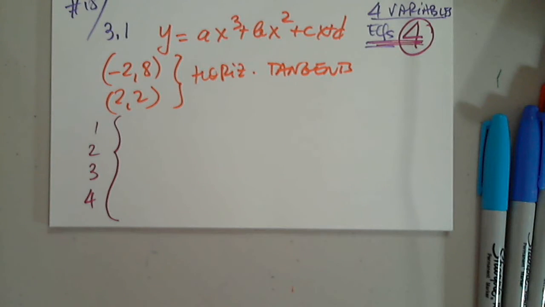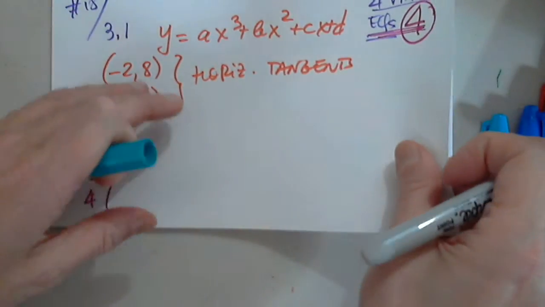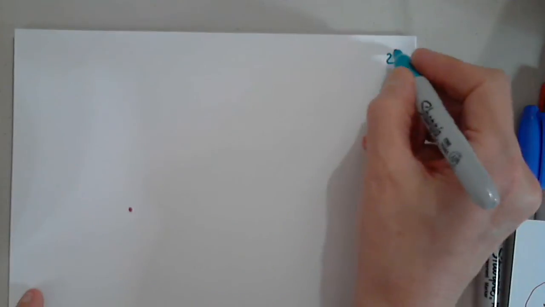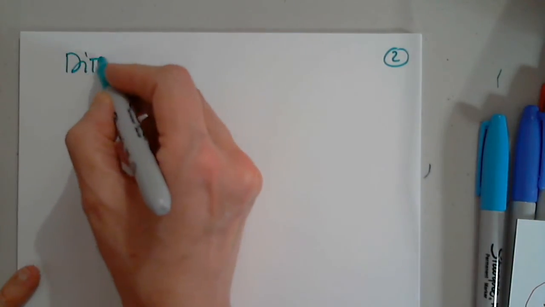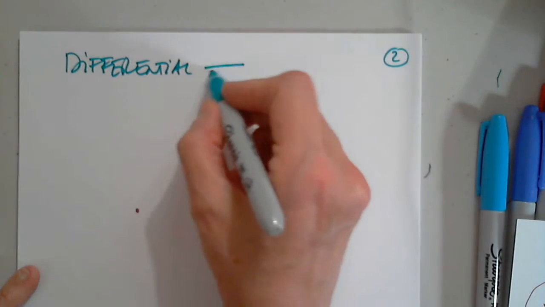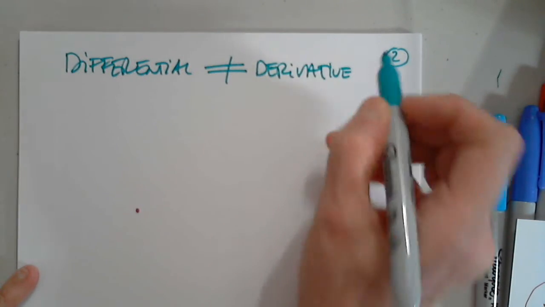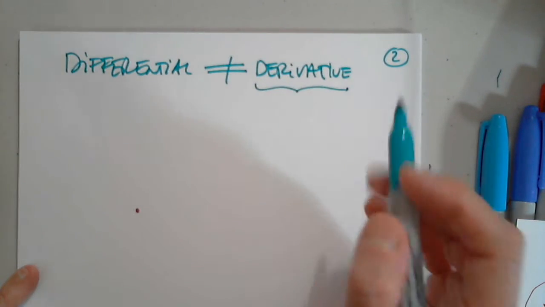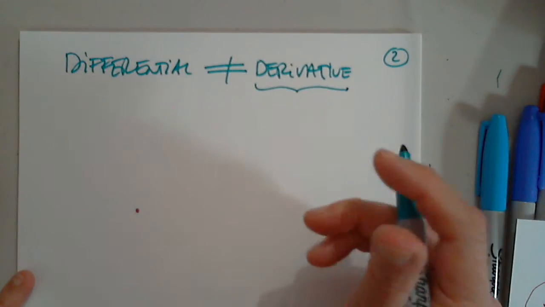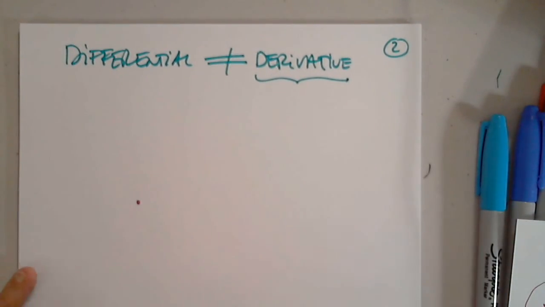I mean, we can do differential to get one equation. Okay, you're not talking about differential. Differential does not equal derivative. So you're probably talking about derivative. Am I correct? Yes, okay. Just making sure for everyone.